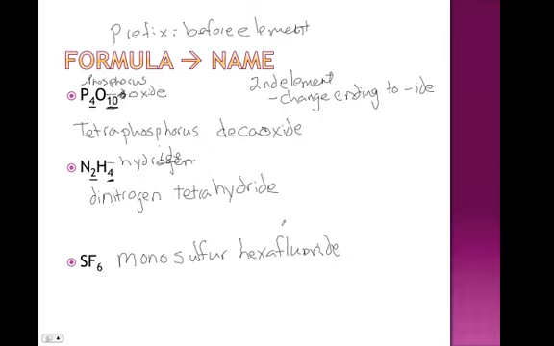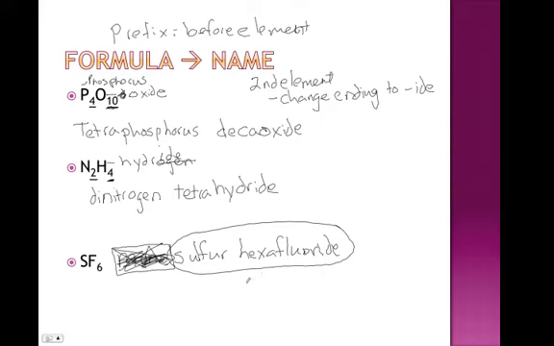However, there is a little intricacy here: if mono is with the first element, and that's what this is, we don't include it. So this is actually sulfur hexafluoride. We do not write the mono. Get rid of that. Okay, so it's just sulfur hexafluoride is our answer. And that is only on the first element. On the second element, we have to have mono.